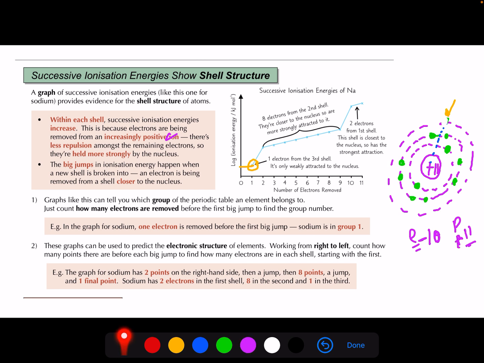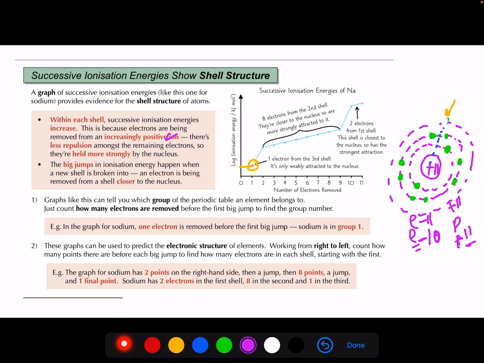That means you're removing an electron from an increasingly positive ion. The nuclear charge here is still 11 among 10 electrons, right? So the attraction of the 11 protons among the 10 electrons would be more than the attraction of the 11 protons among 11 electrons. There were 11 electrons before, right?